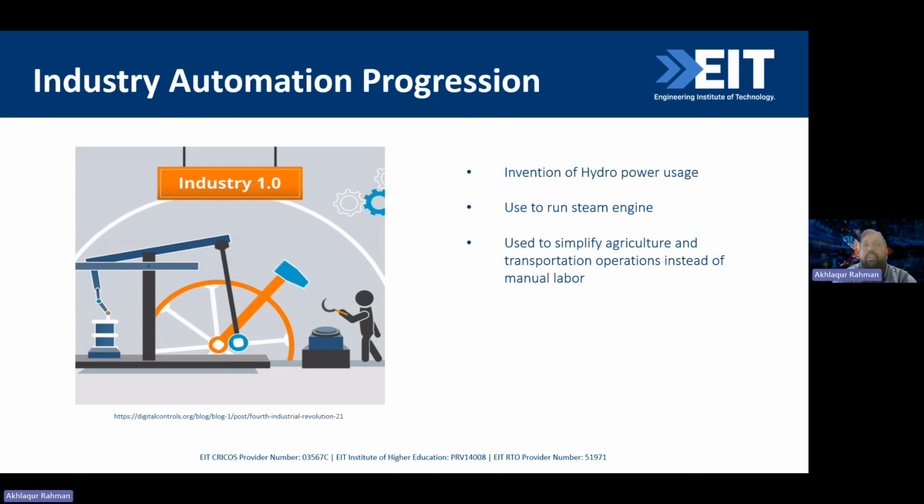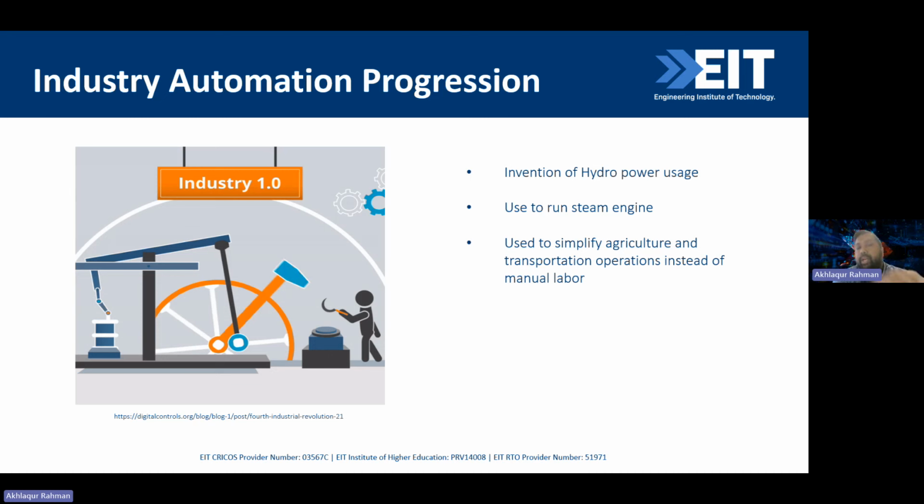All right. So if we look at Industry 1.0, this is the first industrial revolution where people learned about industrialization. So we can build industries, we can develop something using some sort of available technology.